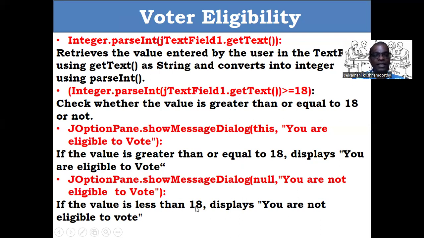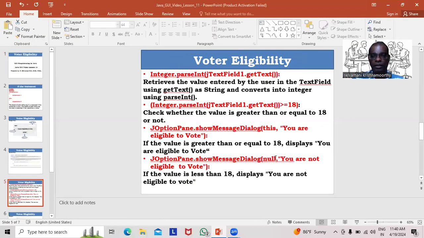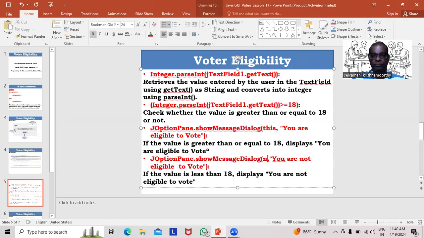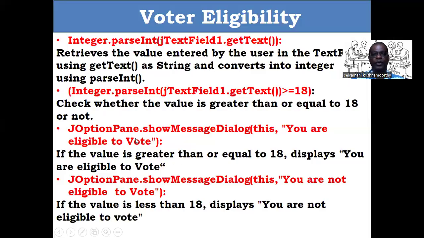If the value is less than 18, it displays you are not eligible to vote. Instead of null, we can put this here. This is also no problem.